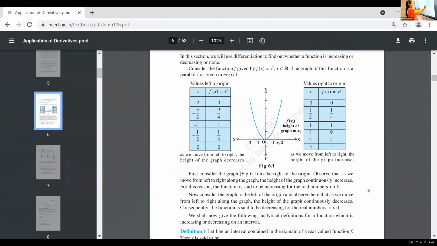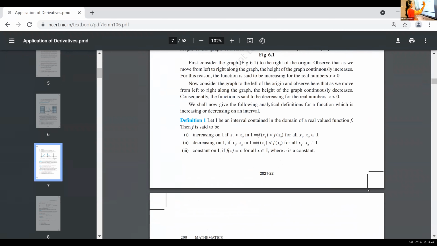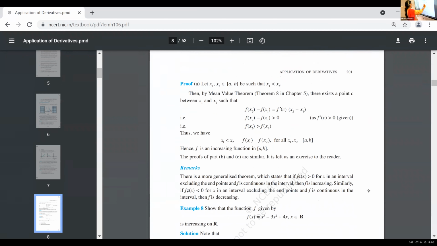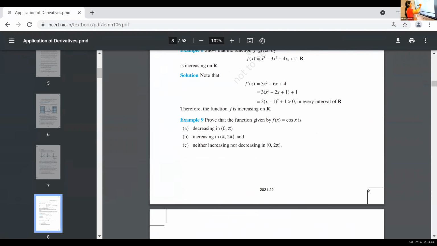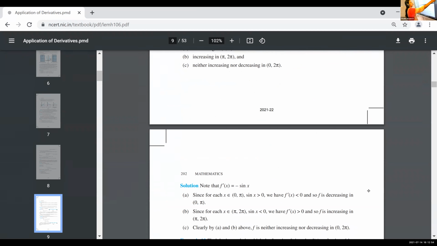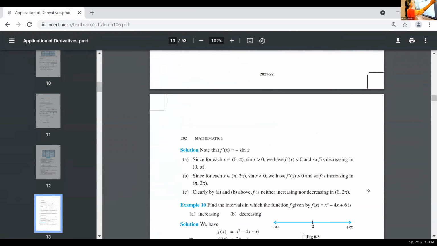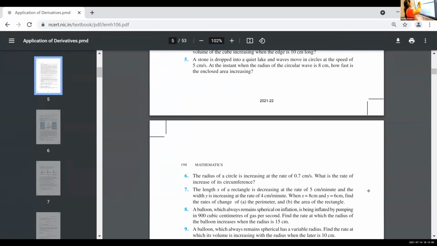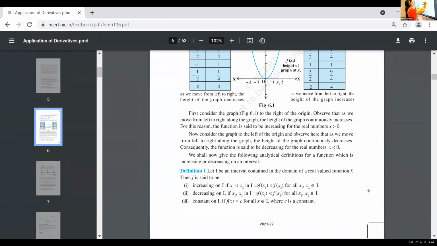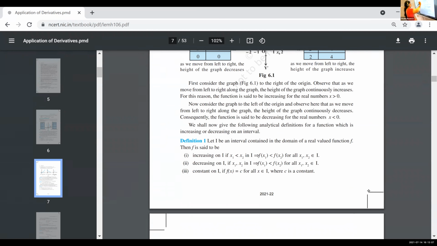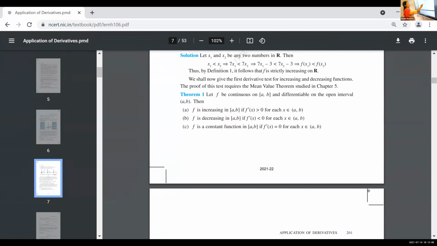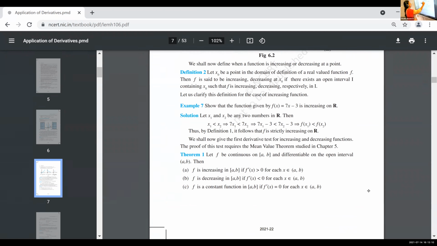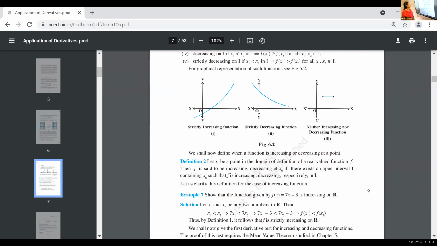Okay, look at the next graph given here. What can you see from this graph?